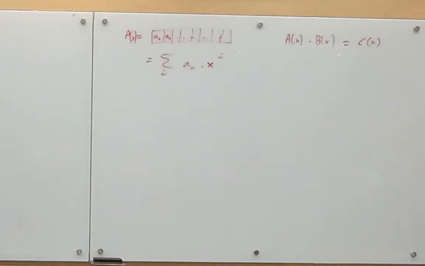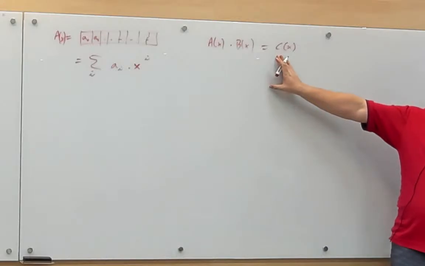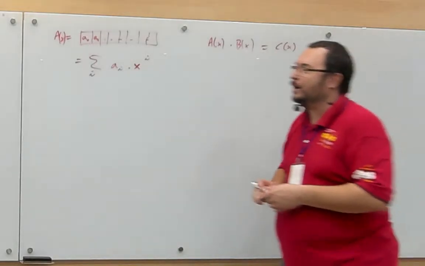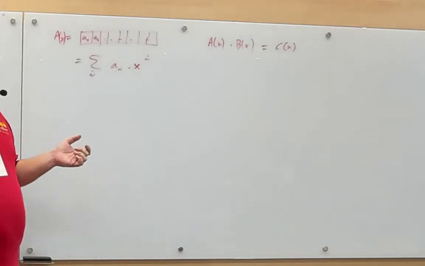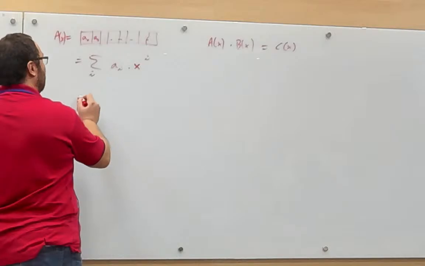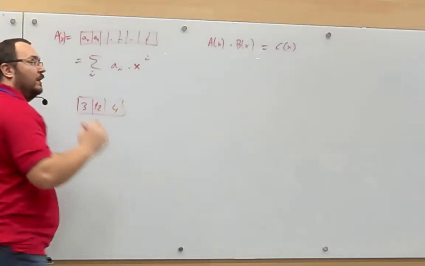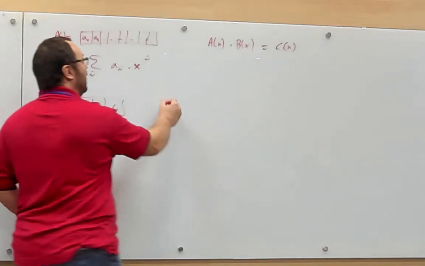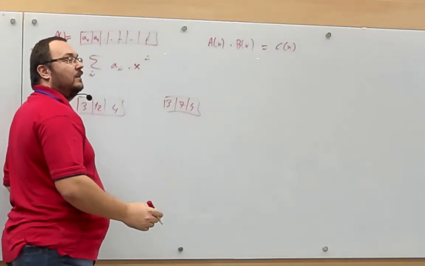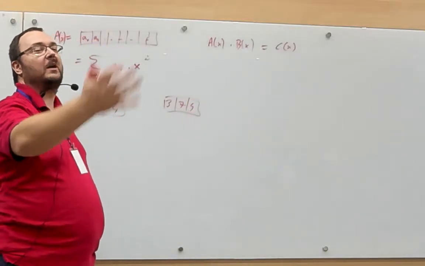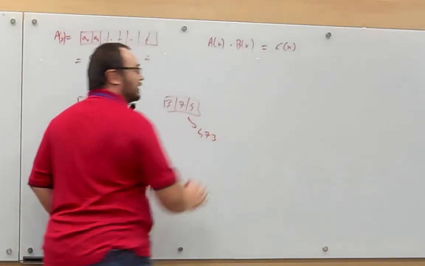For the technical details of how this works, it's good if you are familiar with having bigger digits. So the final polynomial can look as follows, for example: 3, 12, and 4. If you would have 3, 7, and 4 in an array, and you would go back from this being a polynomial to this being a number in base 10, this is an array that represents the number 473.